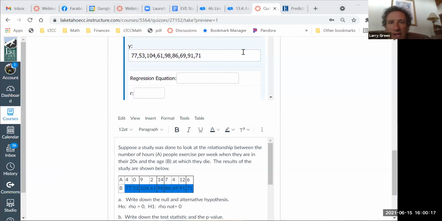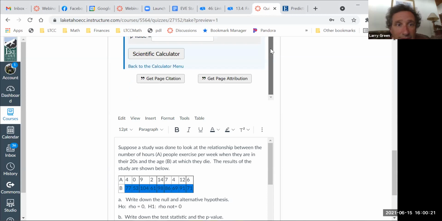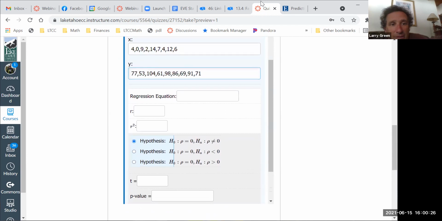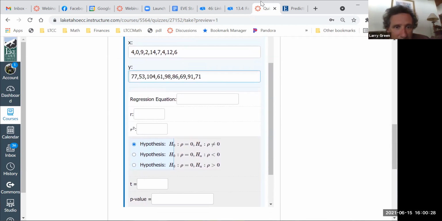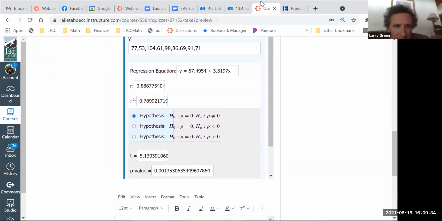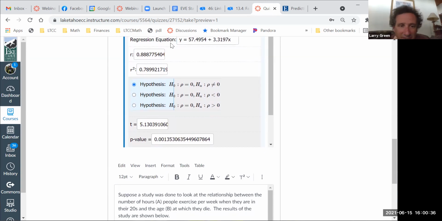Okay, so now we need to go ahead and, I might have popped it in the wrong place, but that's okay. I can get it. X, Y, regression equation, and we have to hit plot points. So there's our test statistic, about 5.13.